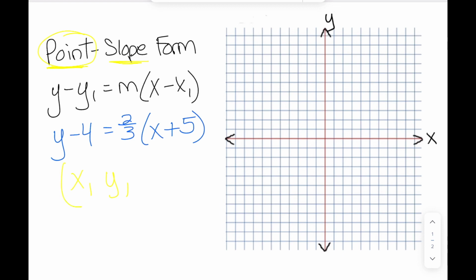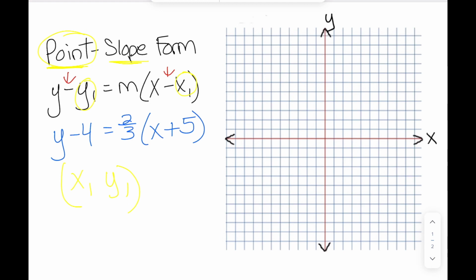What's important about this equation is that you need to pay attention to the subtraction symbols. Minus is also a negative, and so there are going to be minus signs in the equation. If there's not a minus sign, then that means the x1, y1 is a negative number.